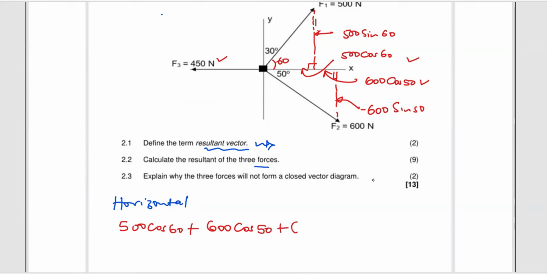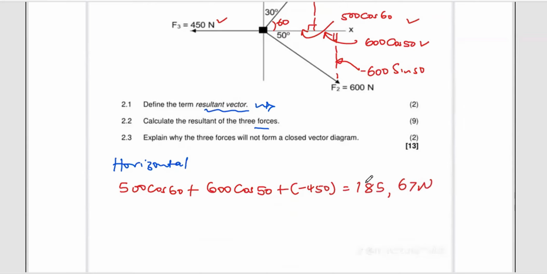I can say plus a negative 450 because it is in the opposite direction. So when I simplify this and I punch that into my calculator, I'm getting 185.67 newtons.